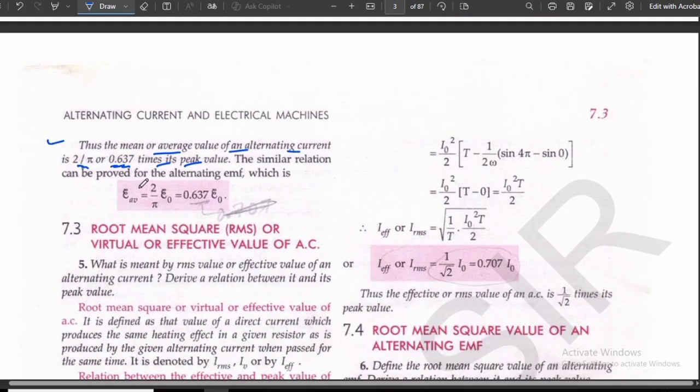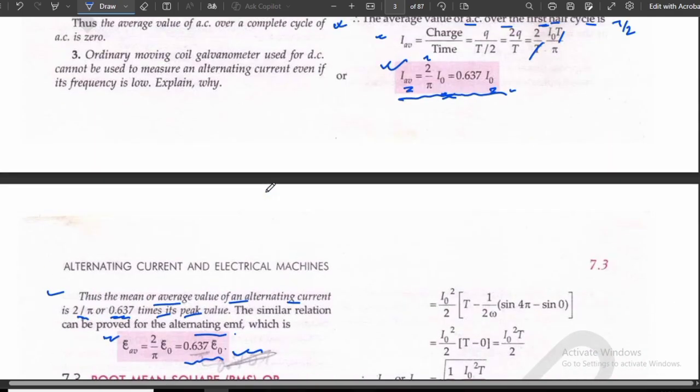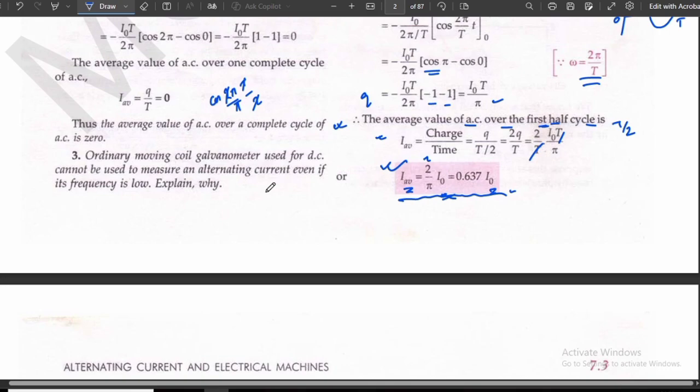This similar result can also be proved for alternating EMF, and in that case we will get E average equals 2 by pi E naught, so it is 0.637 E naught. This is the relation between the average value of AC and the peak value.